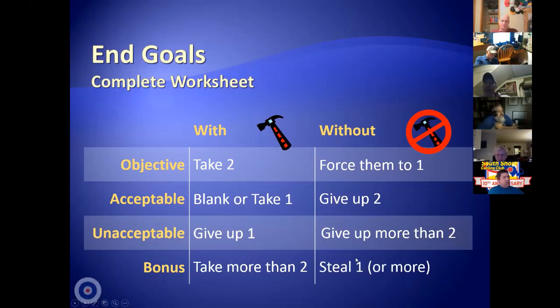Now, what's the one thing that's not shown on the without the hammer side of the chart here? A blank. Who can tell me why you don't have a blank as an end goal when you don't have the hammer?